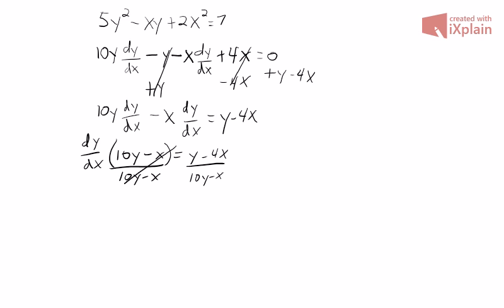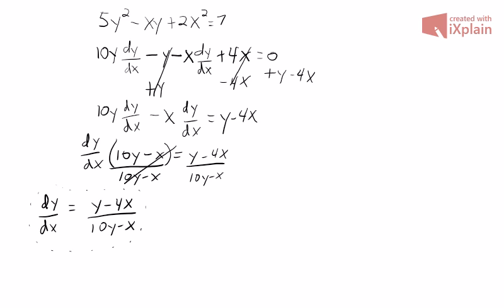Okay, so that's the first part. Dy over dx equals y minus 4x over 10y minus x. Okay, we're going to need that part later on. So let's make sure we just pay attention to this. We're going to need this part.